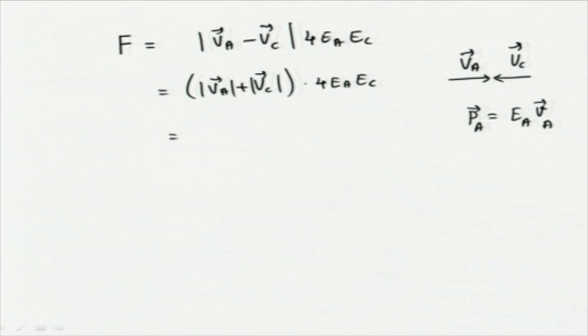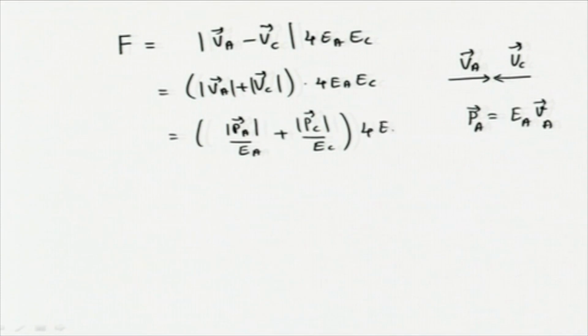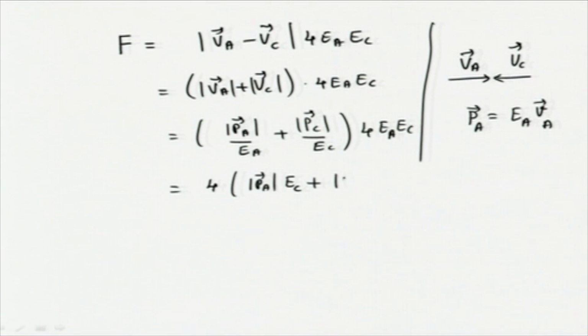So, in that case I will be able to write this as P A over E A plus P C over E C, over 4 times E A E C, which is equal to P A E C plus P C E A over 4 times E A E C.